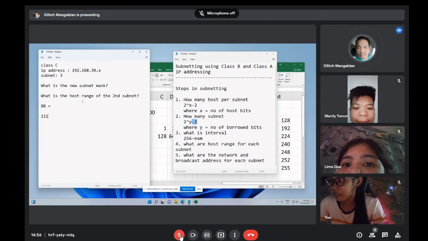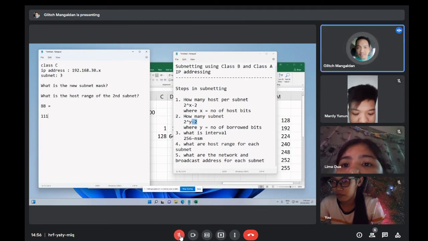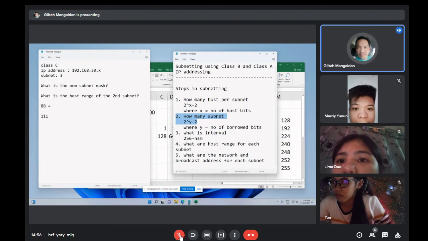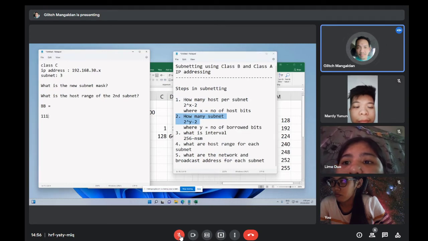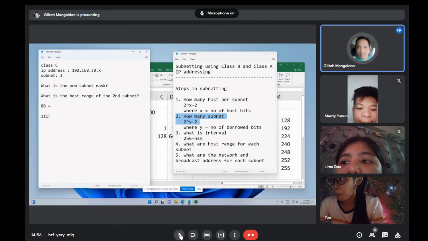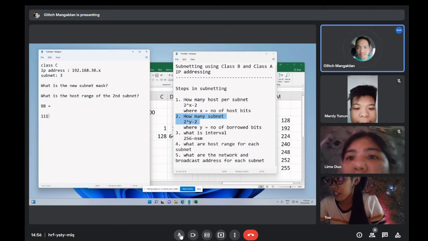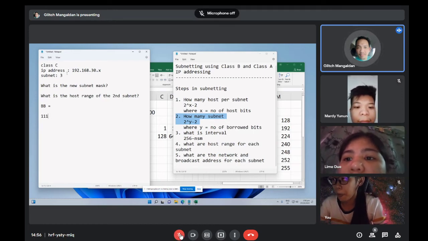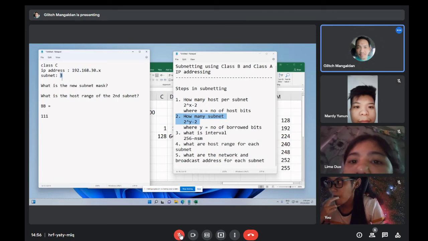Okay. So, ang ina-answeran natin ngayon, question number 2. We cannot answer question number 1 right now. Ang pwede lang natin answeran is question number 2. So, meron tayong 2 raised to 3. What is 2 raised to 3? 6. Ay, di pala 6. 8. 8 minus 2 is 6. So, 6 subnets. Yun yung pinakamalapit para dun sa given.